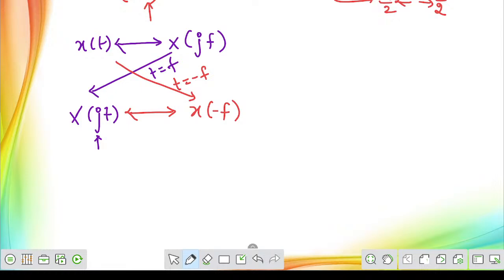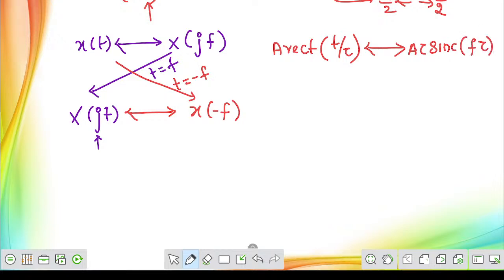Now once again, let us take an example. If I have a rectangular function a into rectangular of t by tau, then its corresponding Fourier transform can be written as a tau into sinc of f into tau.